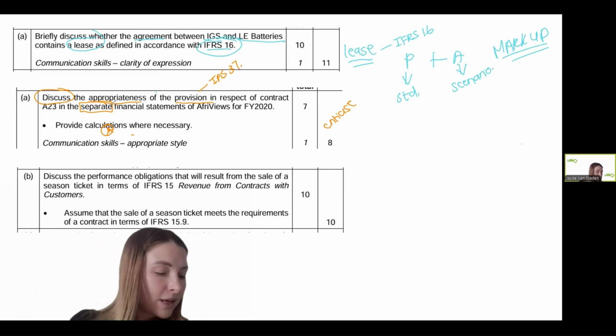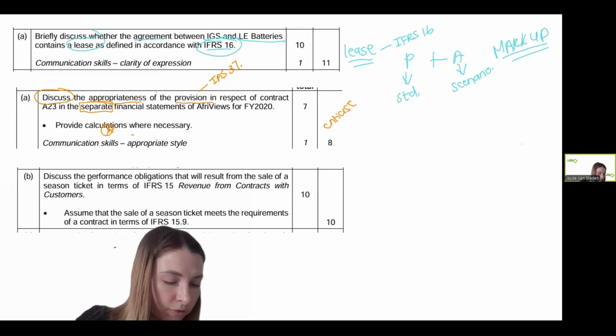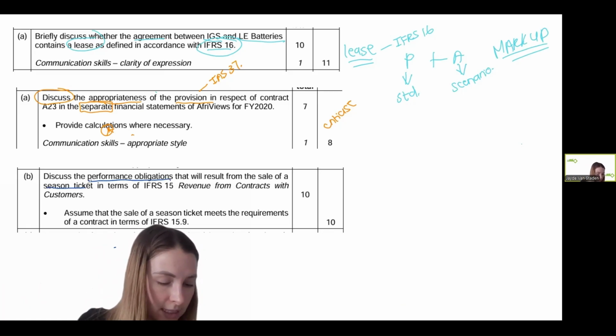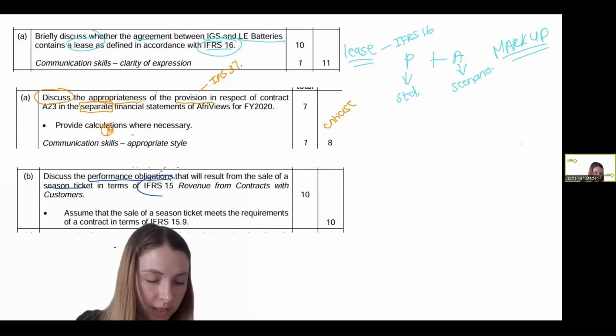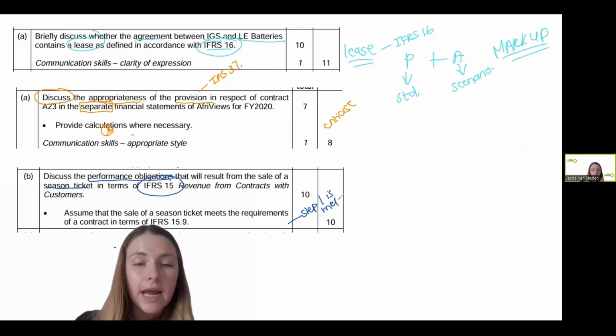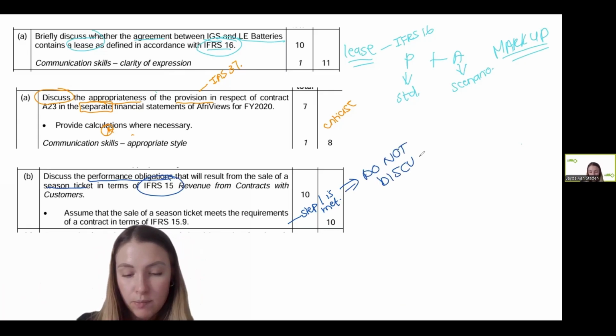Okay, and then the last required says to us, discuss the performance obligations that will result from the sale of the season ticket in terms of IFRS 15. Assume that it meets the requirements of a contract. So essentially, it's telling you step 1 is met. Now, that means do not discuss step 1 because they're telling you it's already been met.